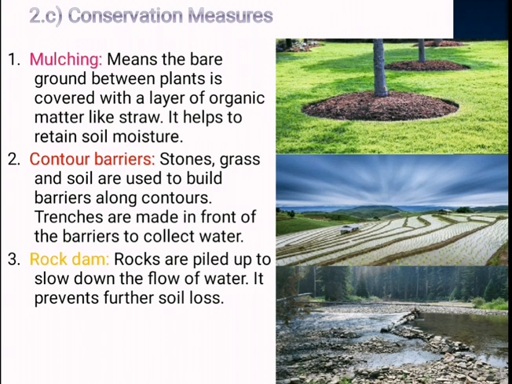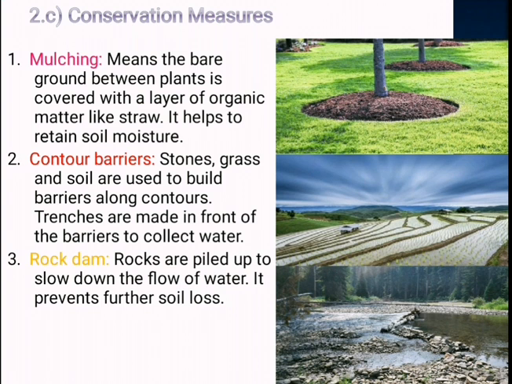Here is the first image. Near the plant, we keep some kind of natural waste like the straw. It will help the soil to maintain its moisture and avoid water loss.